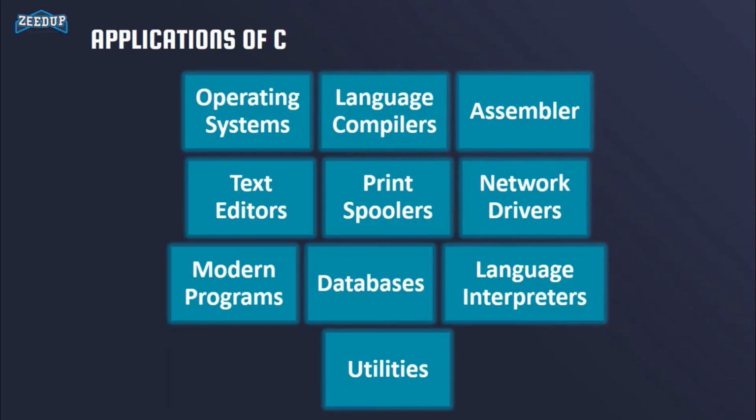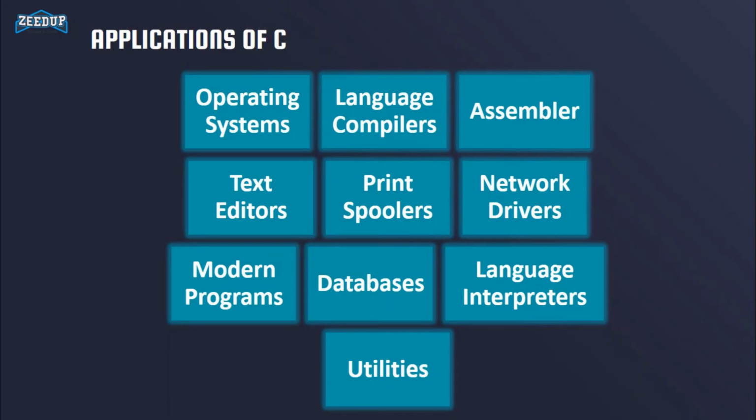So there are a variety of places where C is used, like in operating systems. An operating system, you all must know, is a program that is the first one to fire itself up whenever your system is booted. Many of the components of operating systems are written in the C programming language.